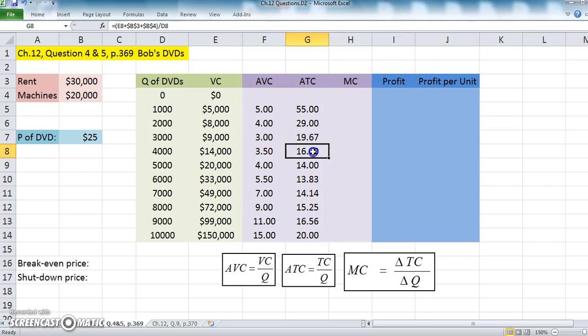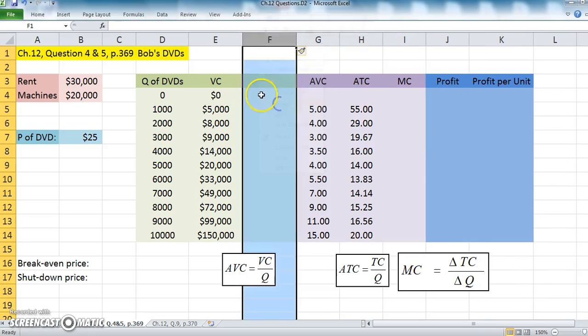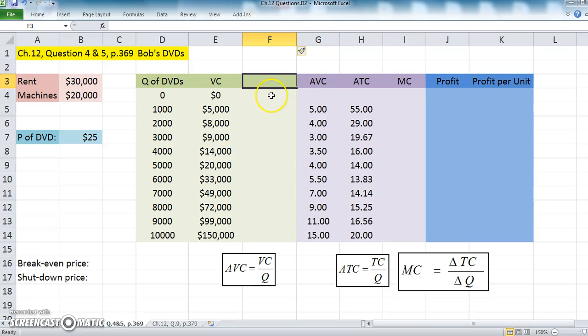There's one other thing I want to show you, maybe an easier way to have done this. We're going to do the marginal cost in a bit, but an easier way would have been to calculate the total costs first. So the total cost calculation is equal to our variable cost plus our fixed cost.